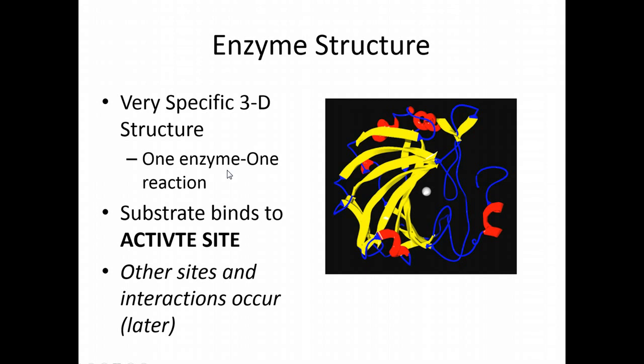So to give you an idea of the environment, this fits in here because of all of the side groups on the amino acids in what is called the active site. Okay? And the active site is where the substrate binds.